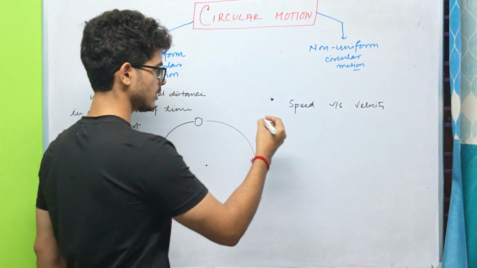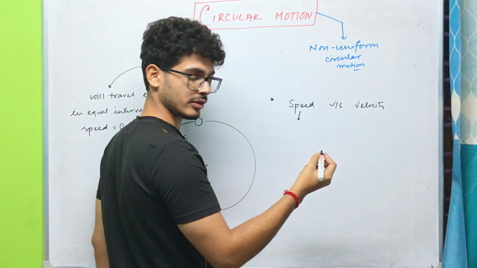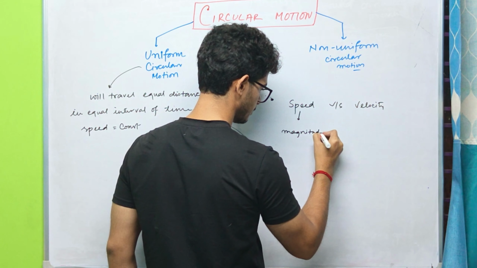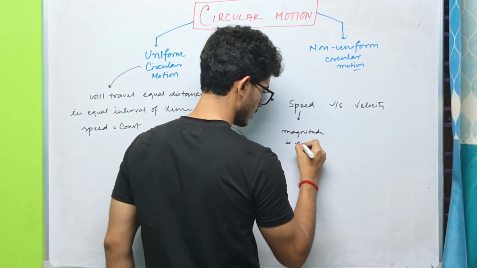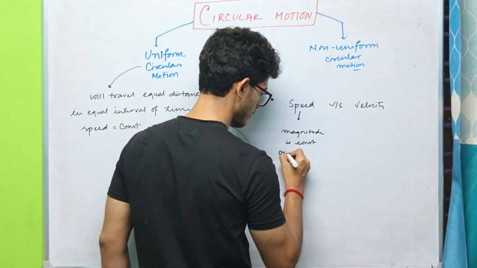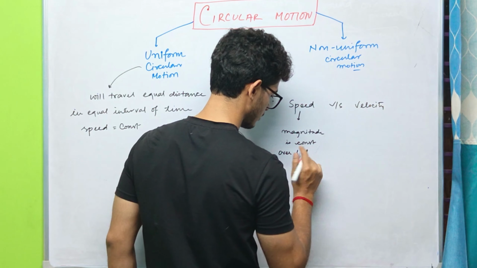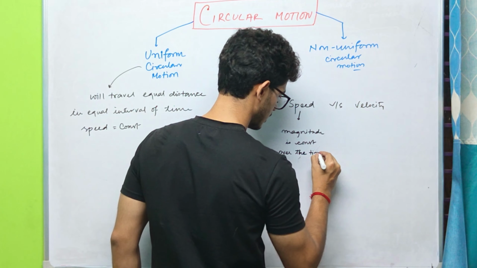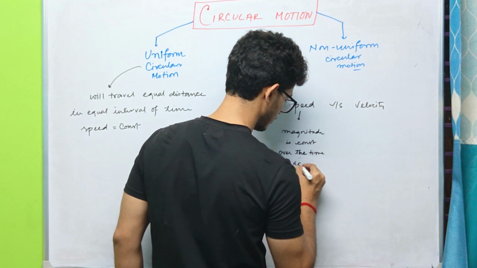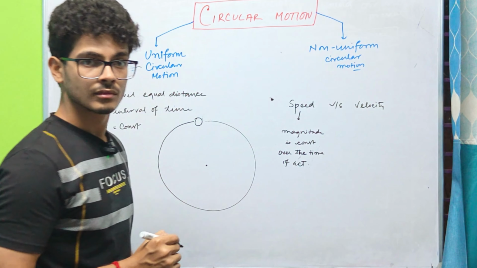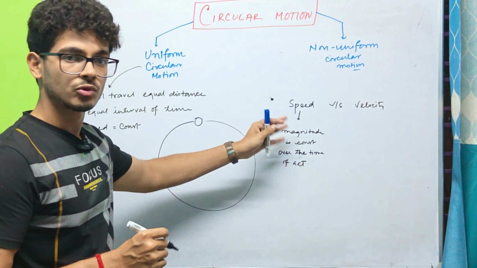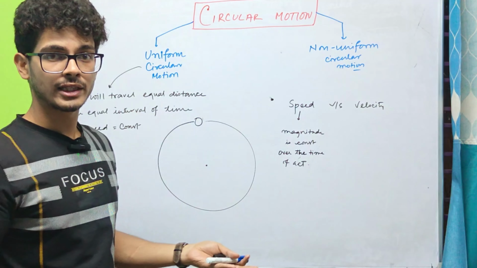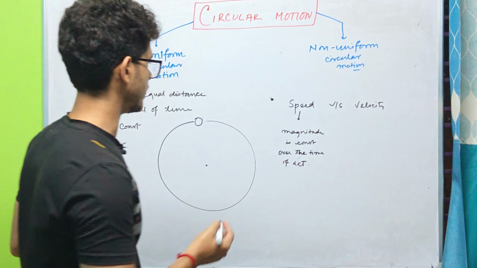Okay, we can call speed constant if the magnitude is constant over the time, over the time of action. If the magnitude is constant, we will say that the speed is constant acting over the body, no matter in which path the body is moving.